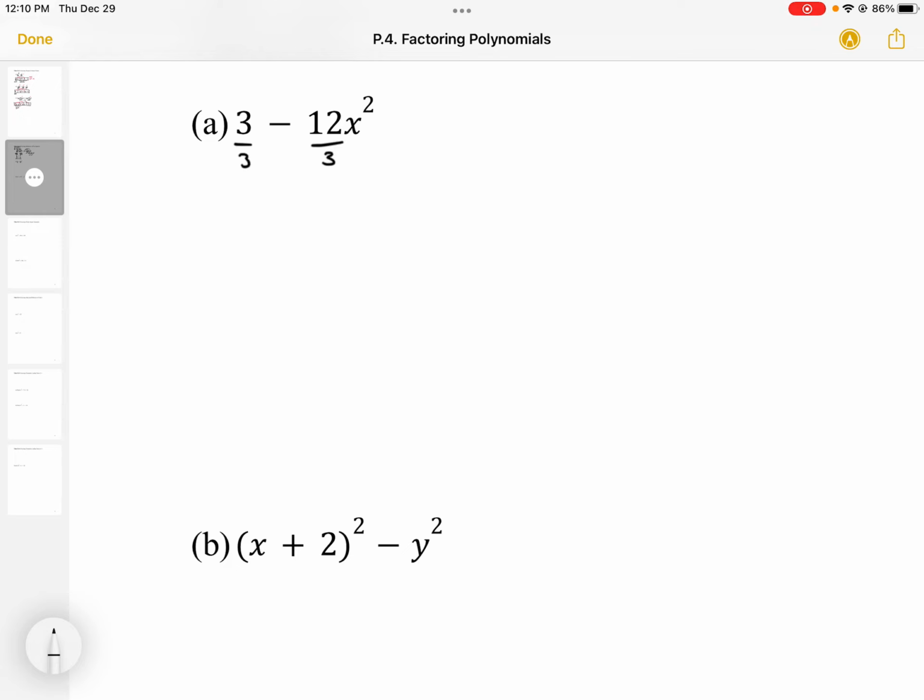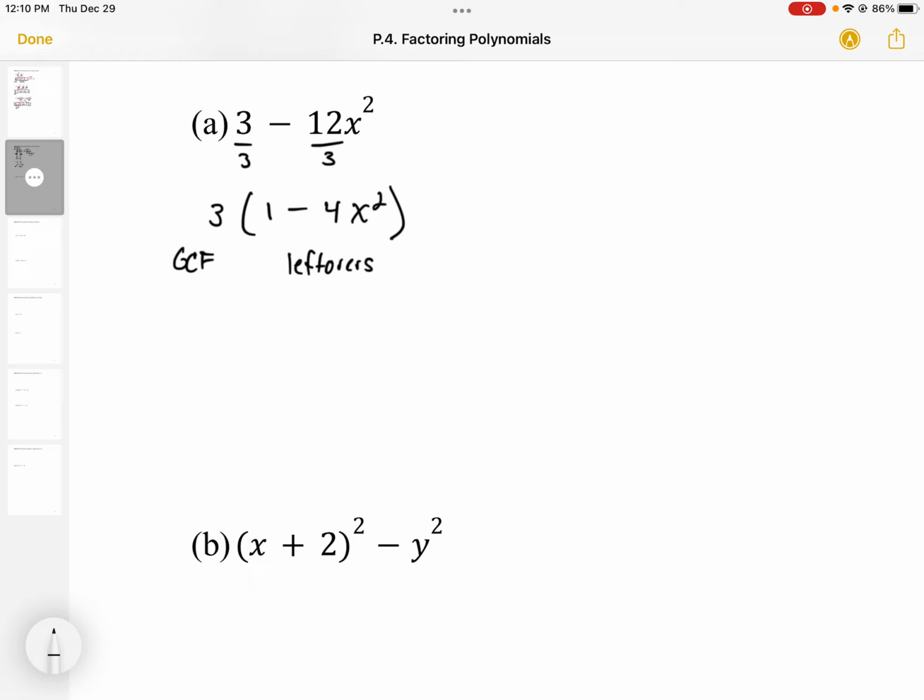They're both divisible by 3. So remember, we write that with the greatest common factor outside the parentheses, and then the leftovers on the inside of the parentheses. So 3 divided by 3 is 1, minus 12 divided by 3 is 4x squared. And you could distribute that 3 and double check that that's correct.